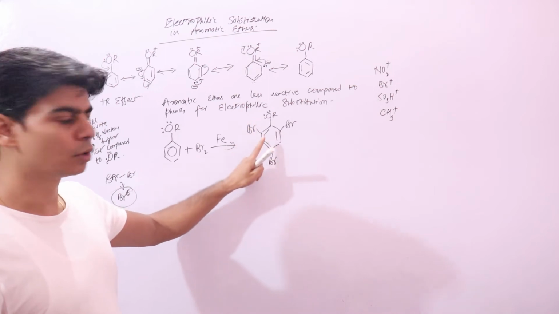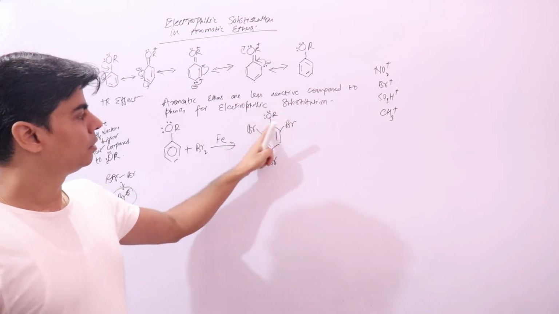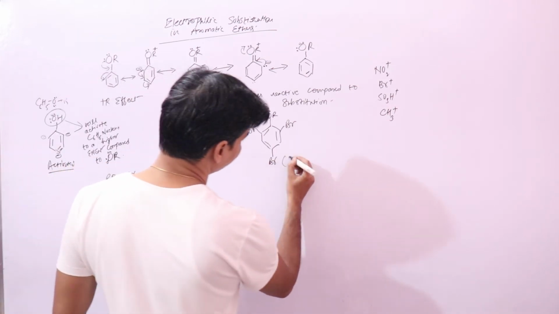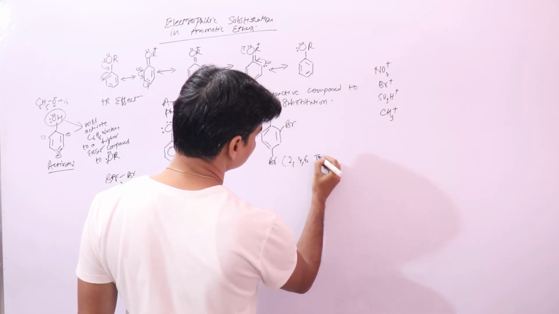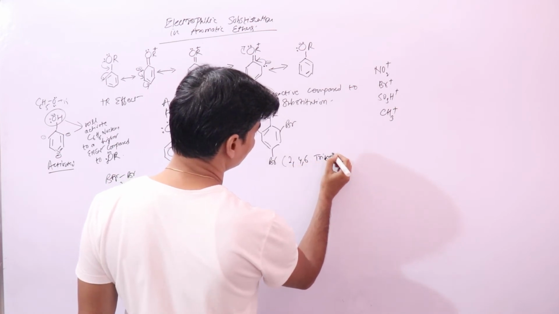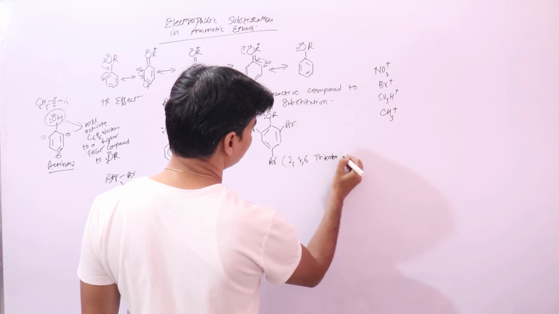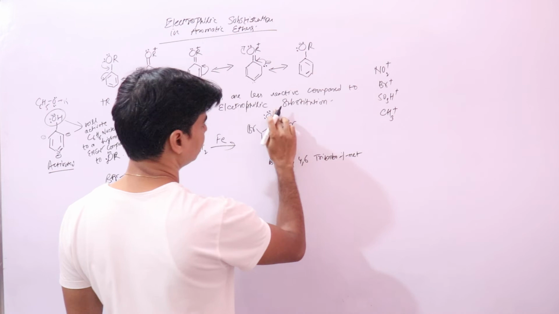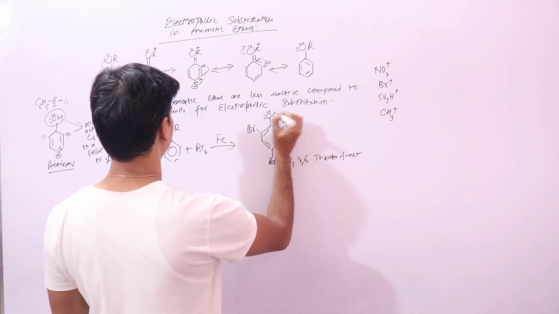2,4,6 tribromo 1 anisole, right? Or I'm sorry, 1 methoxybenzene. I'm sorry, this is your 2,4,6 tribromo, right? 1 methoxy, if this is your CH3, right?